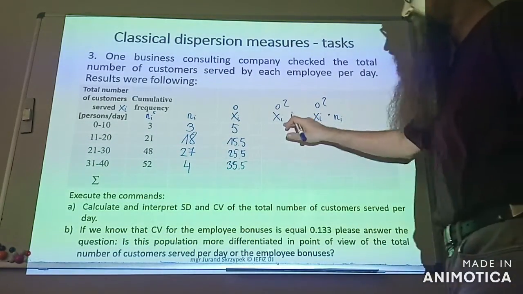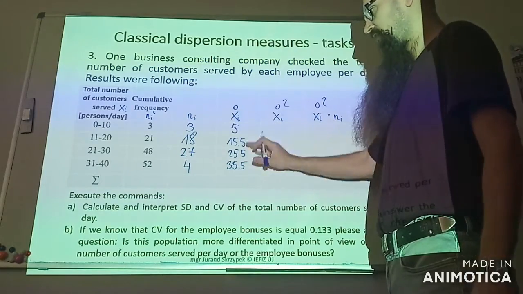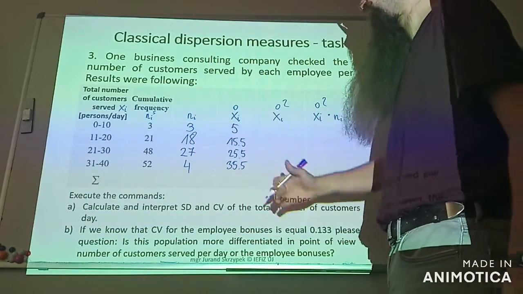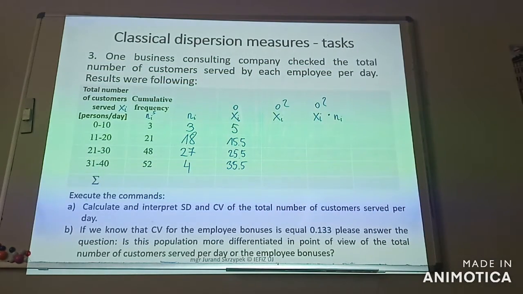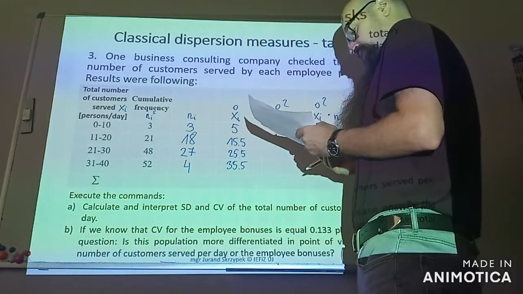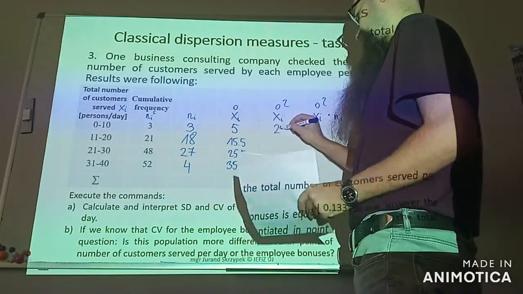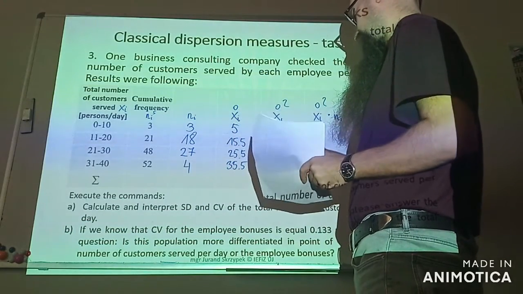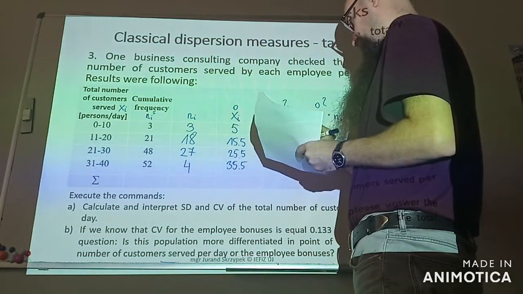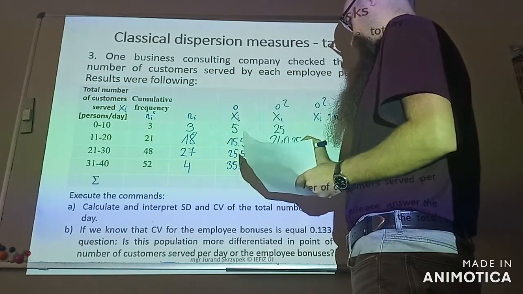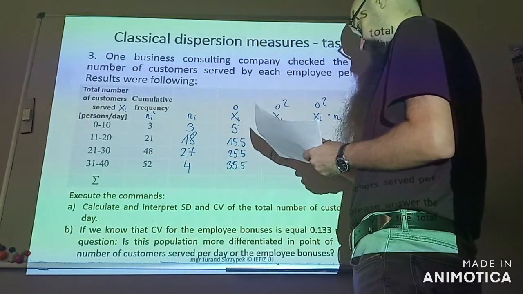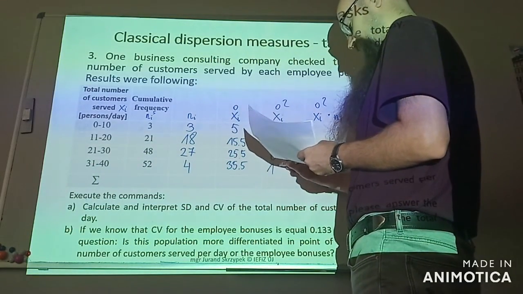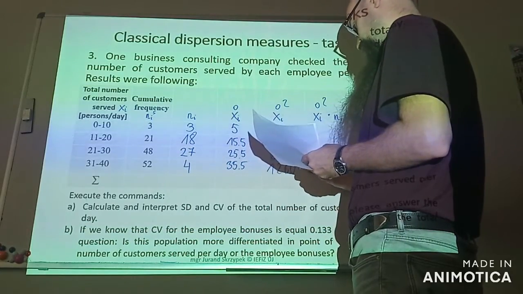And now I'm going to raise this middle of the classes to the power of 2. I want to compute the square of the middle of the classes. Square of the middle of the classes, of course, 25, 240.25, 650.25, and 1260.25.